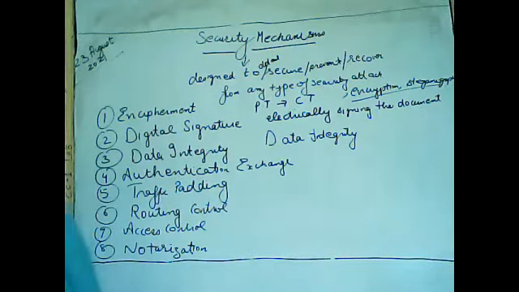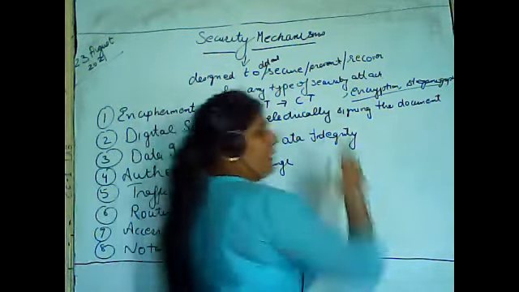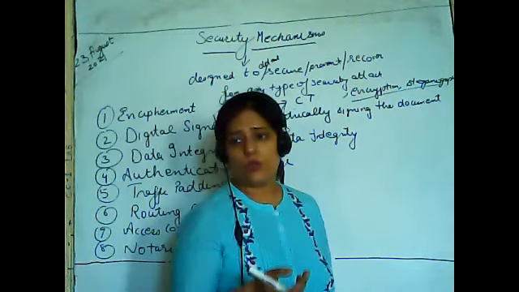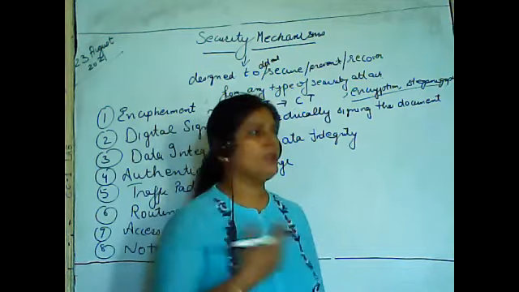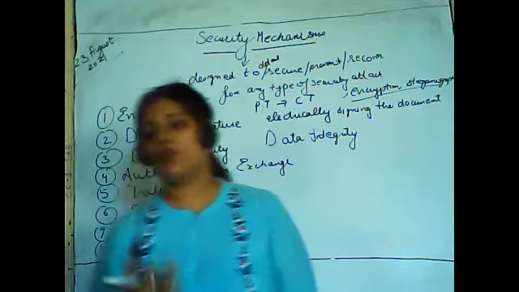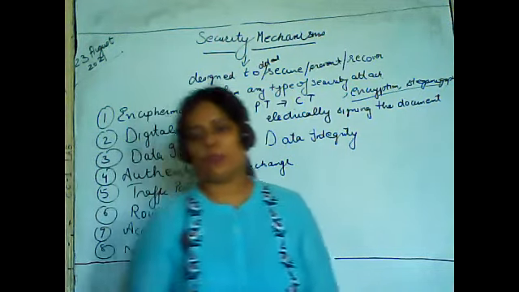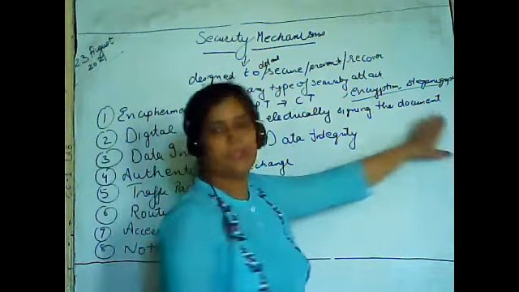The user will sign that document electronically, and the receiver end will also check whether the signing done by the sender is true or not. So that confirmation will also be there at the receiver end.